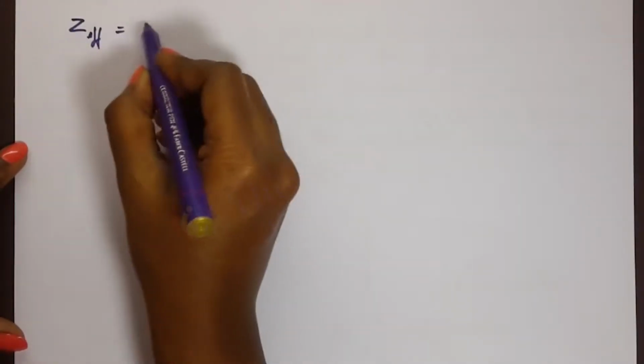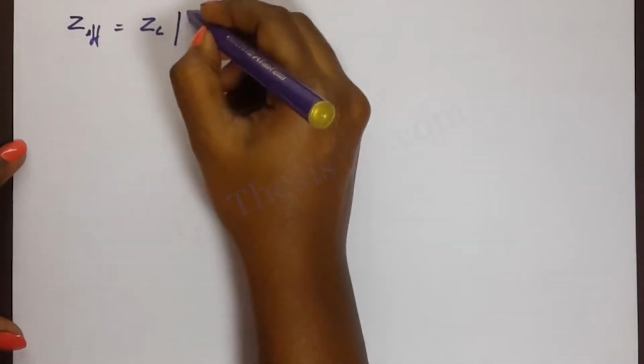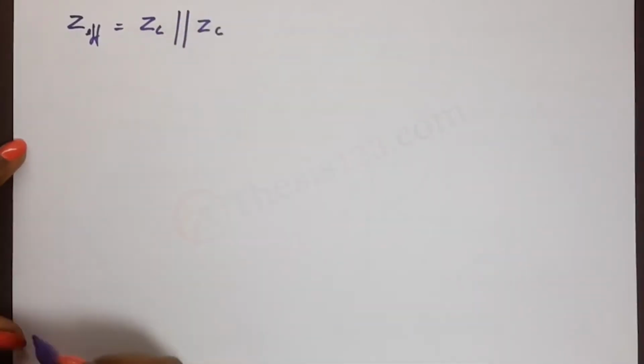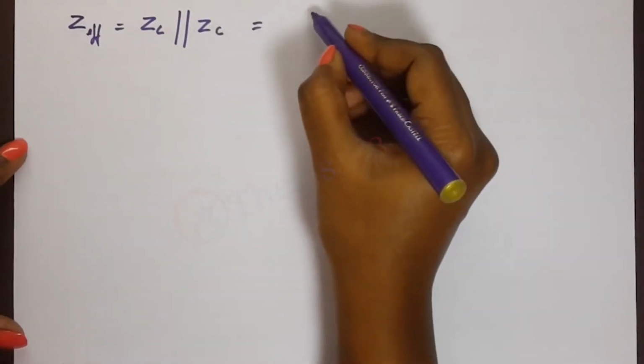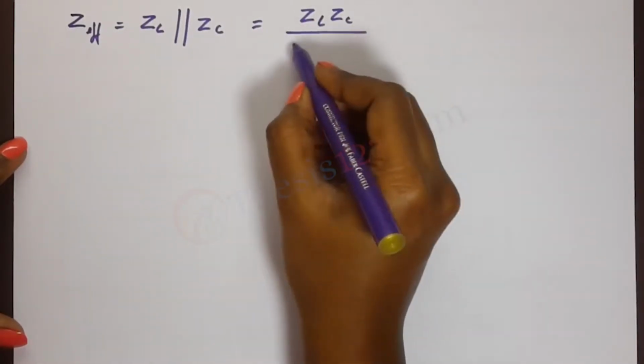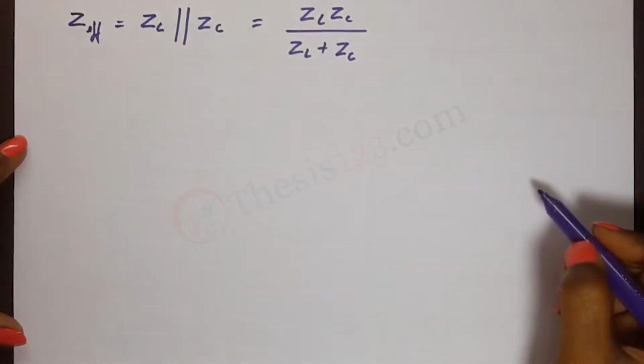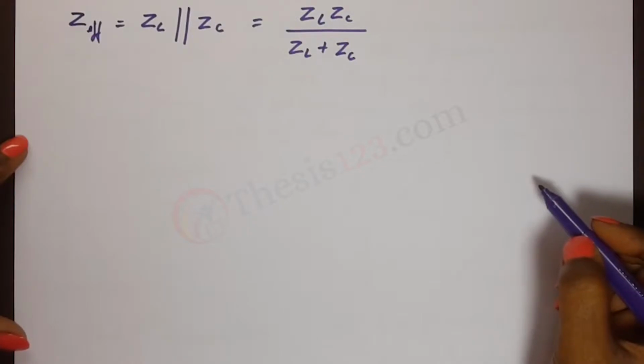So Z effective would be ZL parallel ZC. And to write that, we have our expression ZL ZC divided by ZL plus ZC. This is the formula usually used for parallel combination.